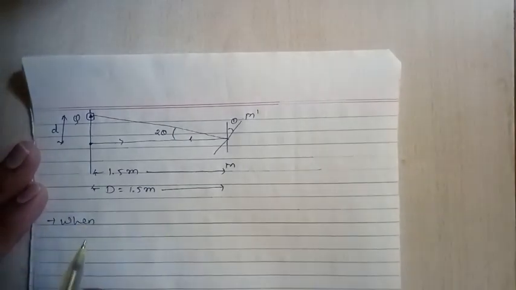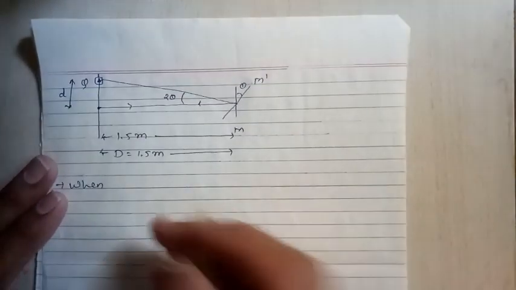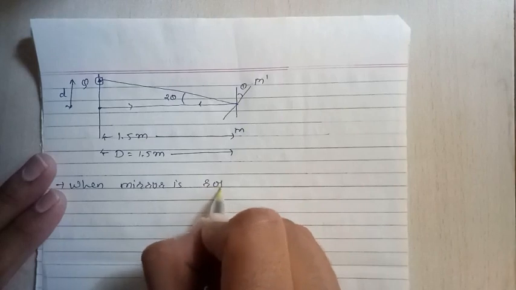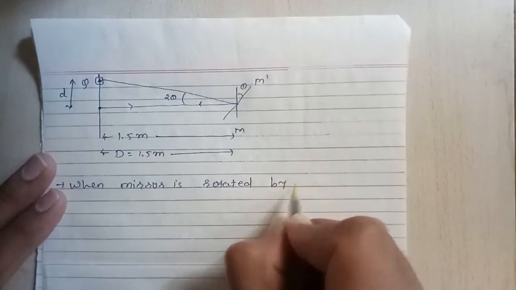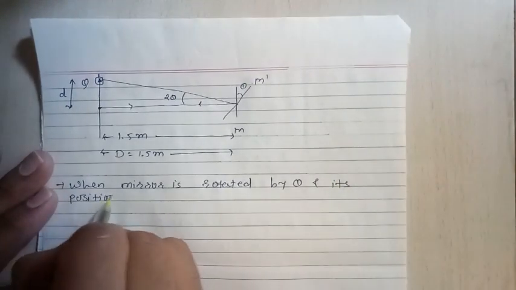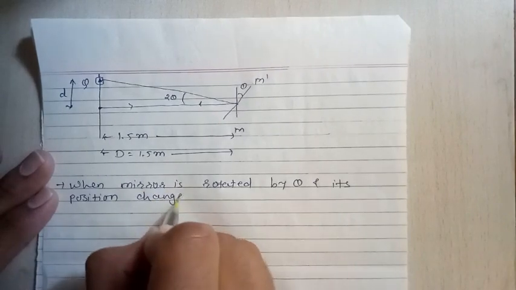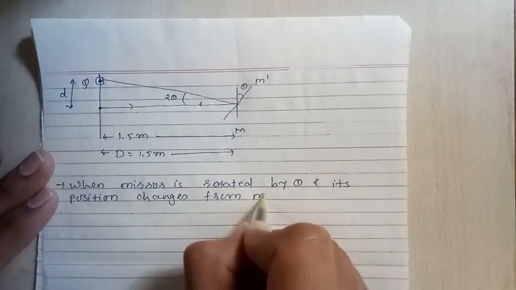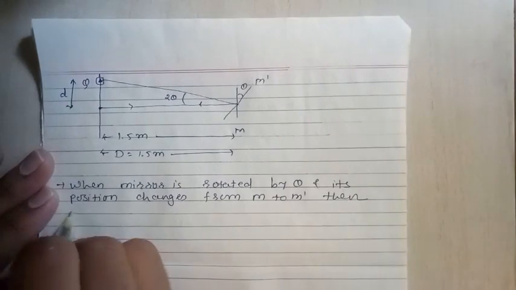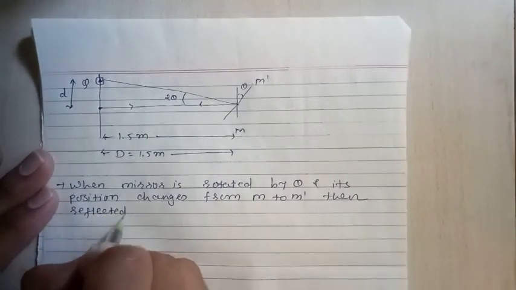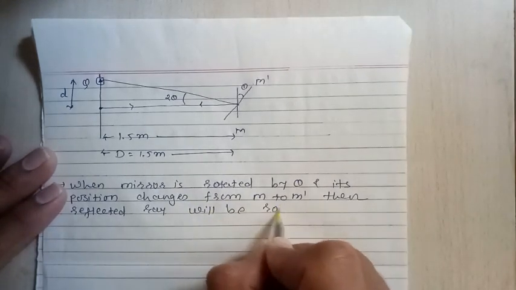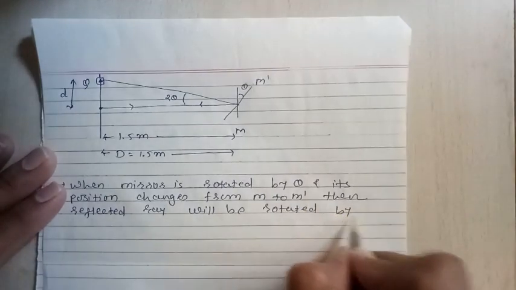So we can write this sentence, you have to remember it: when the mirror is rotated by theta and its position changes from M to M dash, then the reflected ray will be rotated by an angle 2 theta.